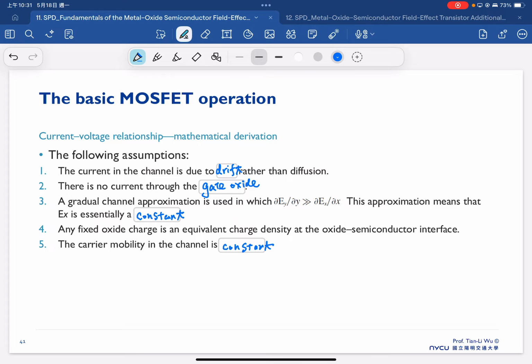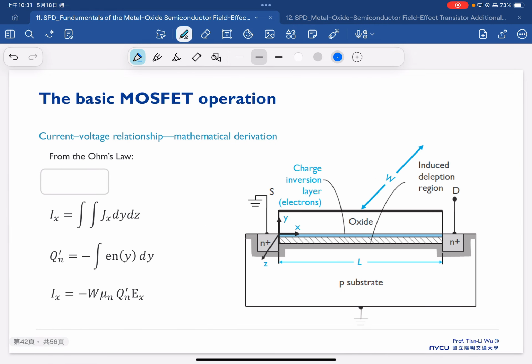So let's go through them one by one. For this equation derivation, we just follow a very simple rule. First, we assume it is ohmic, from the very basic Ohm's law, where our current density is equal to the resistivity times the electric field.